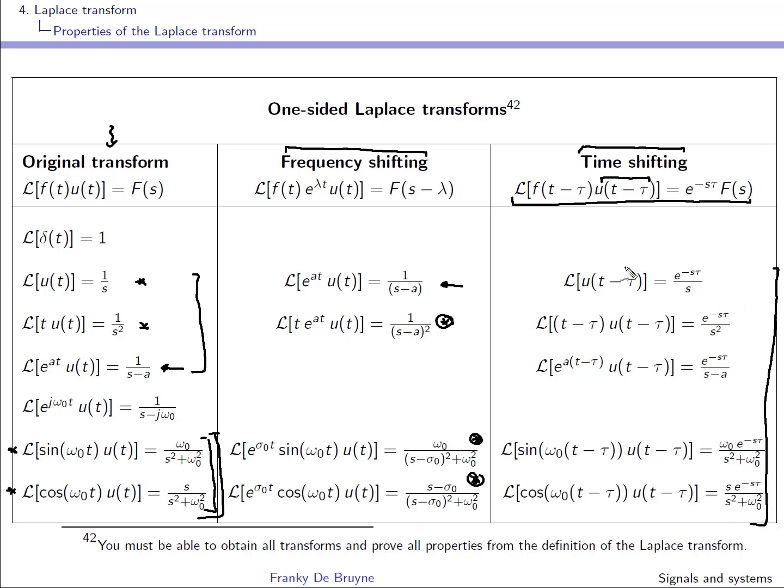So I want to stress again that here each time it involves this shifted unit step to make sure that the solution is 0 to the left of t equals tau. So if you do exercises and you have to do the inverse Laplace transform of this quantity over here, do not forget to put the time shift on the unit step.